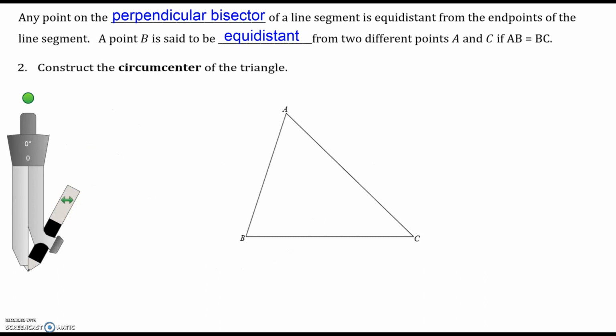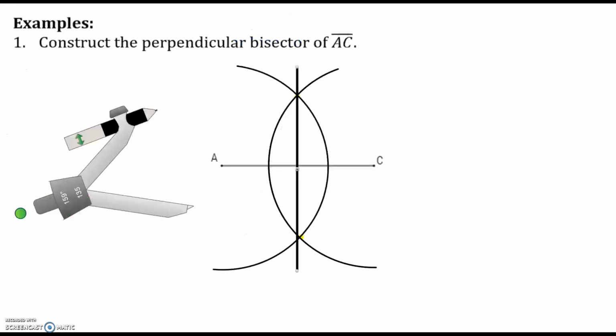Okay. Now, when we look at that perpendicular bisector, any point on it would be equidistant from the endpoints. So going back to this example, if I were to put point B somewhere on this perpendicular bisector, point B is going to be the same distance away from A as it is from C. These distances would be the same here and here.